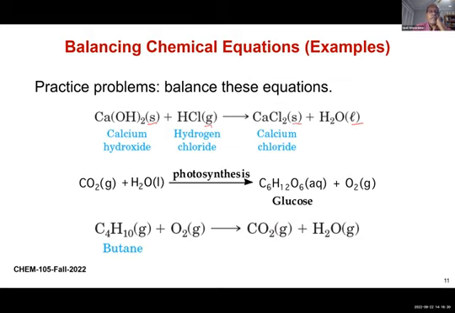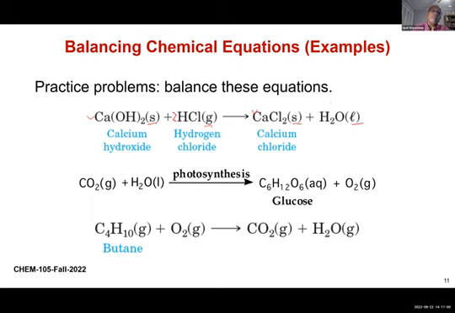If you look at this, calcium is balanced. Chloride is not. Therefore, to balance chloride, we put a 2 in front of here. Then chloride is balanced. Now we check the hydrogen.